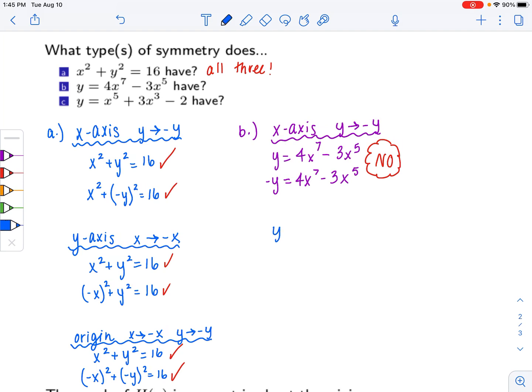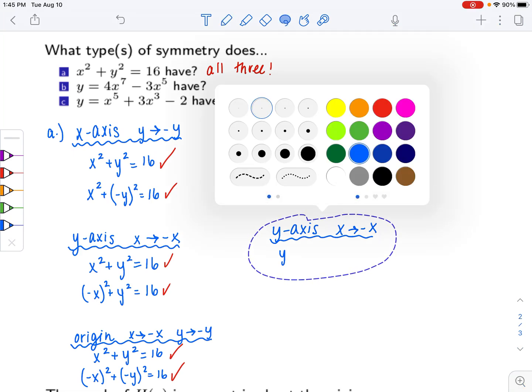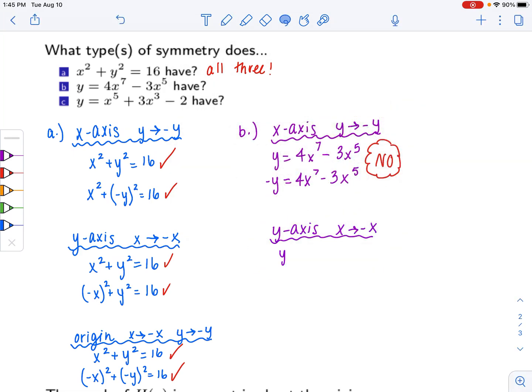Let's keep going. Let's keep testing. How about y-axis? X goes to negative x. So I have my original equation. And now I need to see if I change this to negative x, change this to negative x, are they the same?